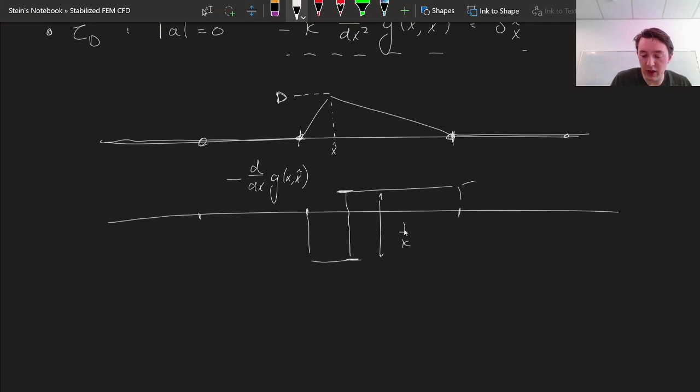So the values that we obtain here are actually d divided by x hat, right? That's the slope of this line. And here we get as a value d divided by h minus x hat.